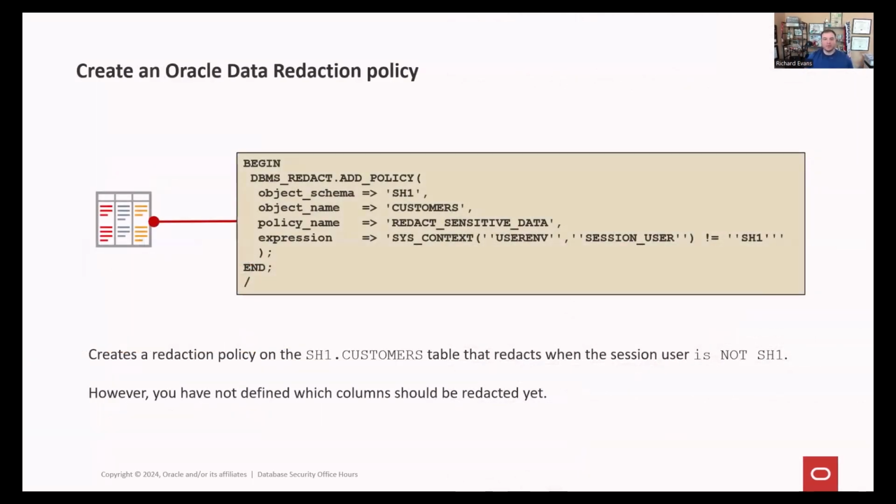So once we've created our user, we want to create our policy. In this example, we've got our add policy statement here. So we're going to add policy. We're going to add it on SH1. We are going to add it to the customers table, and we're going to give this policy a name, something simple like redact sensitive data. And then we're going to apply our expression here. So we're going to redact data for all users that are not SH1, right?